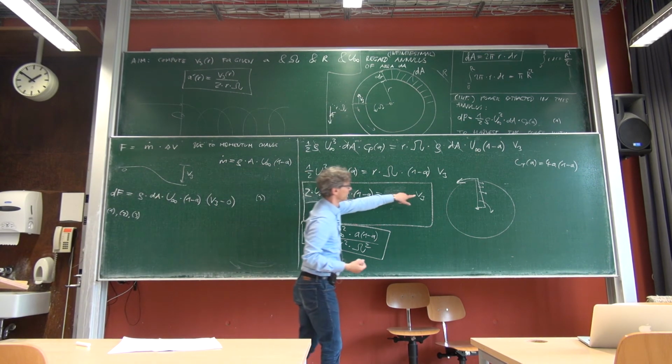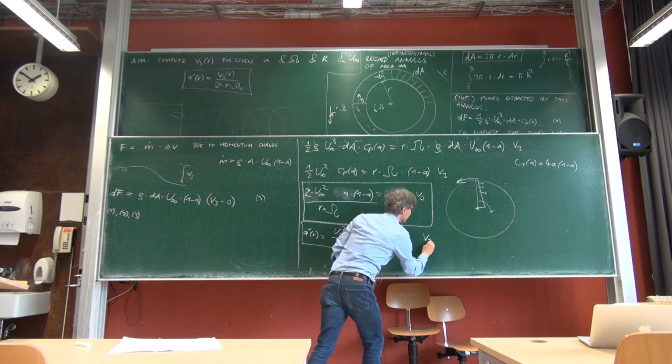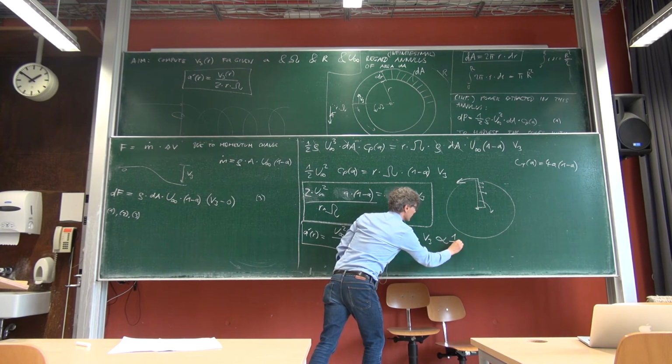And the strength is 1 over r. Yeah? V3 is proportional to 1 over r.